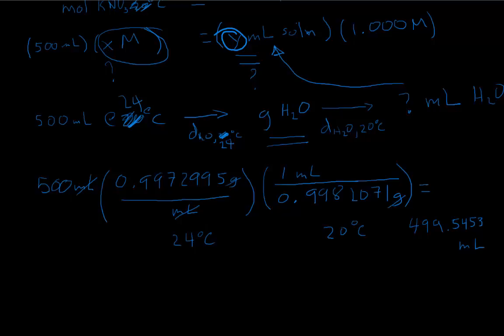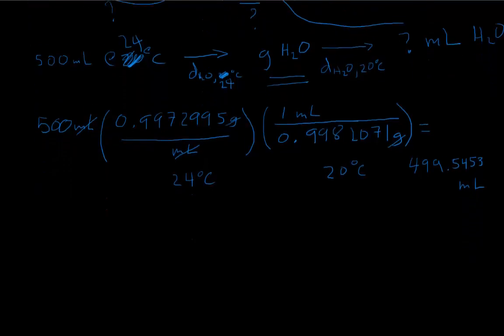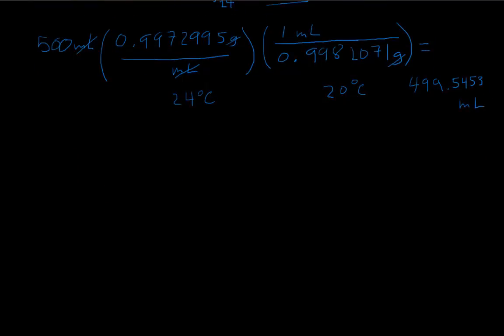All right, so now I know my volume up here in this dilution-like equation, and so now I can calculate the molarity. So let's substitute into my dilution equation now. We've got 500 milliliters. We're looking for the molarity of that solution, x molar, and that equals y milliliters, which is now 499.5453.